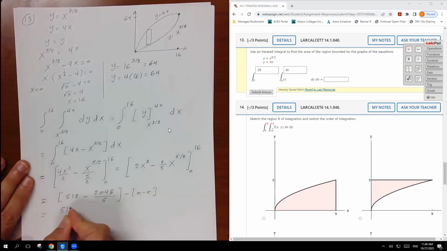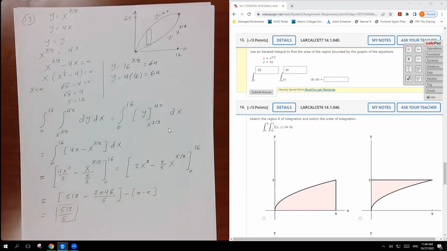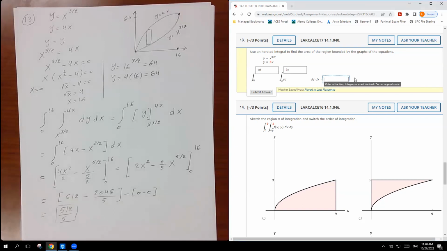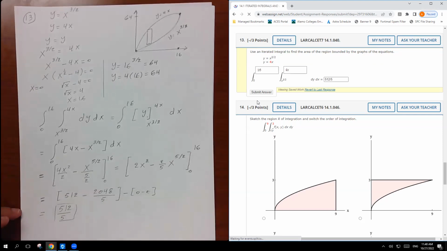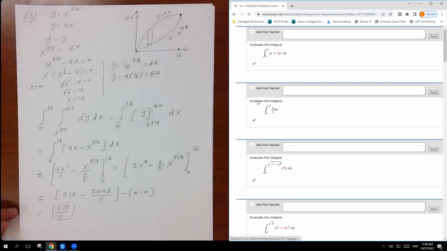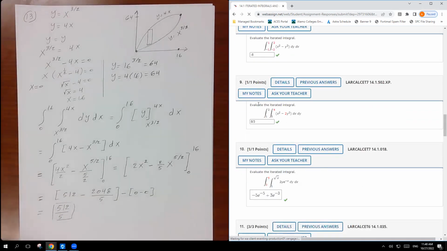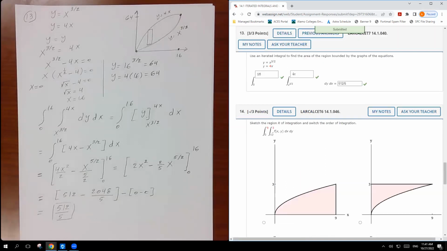It's going to be 512 over 5. So I'm just going to type here 512 divided by 5. I hope we got it. We got it right.